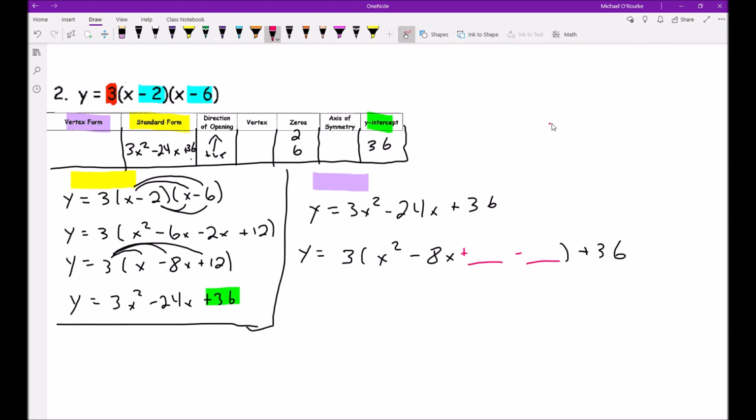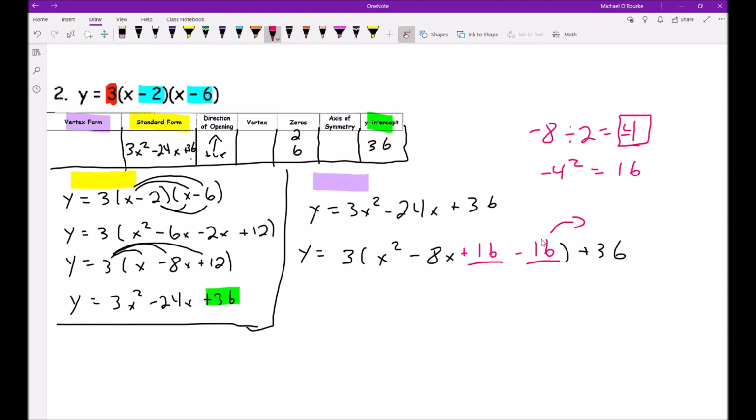No, not 36. 16. 8 divided by 2 equals 4. I box that up. 4 squared equals 16. Now here, that's negative 8. That's negative 4. And that's negative 4 there. Good. 16 and 16.